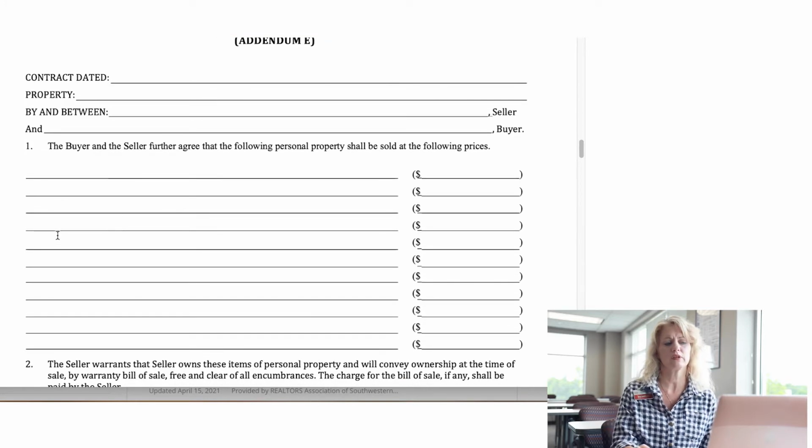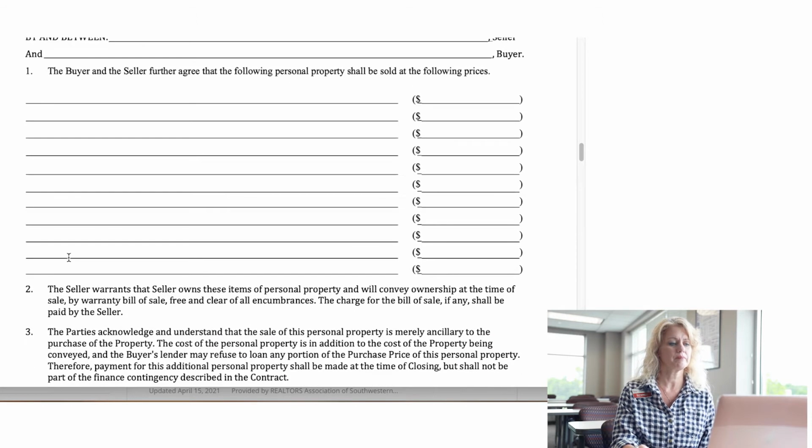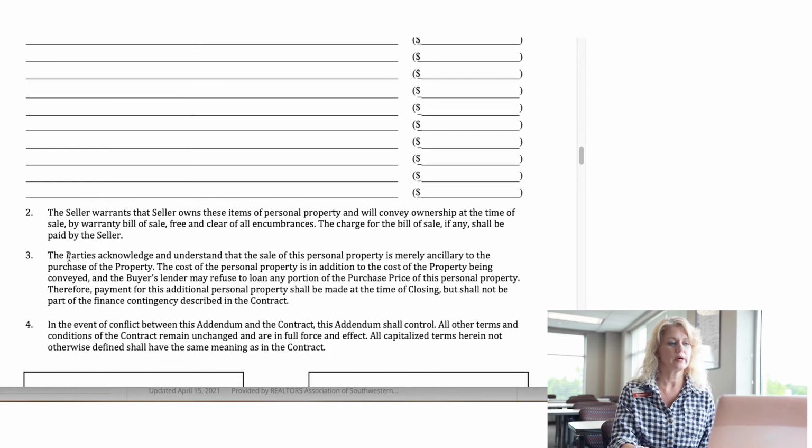Sometimes, and then there's the shed, or sometimes popular would be like a wine cooler or additional freezer in the basement. So you identify each piece. Sometimes furniture may be included, or the buyer may want to request the kitchen breakfast bar stools, whatever.